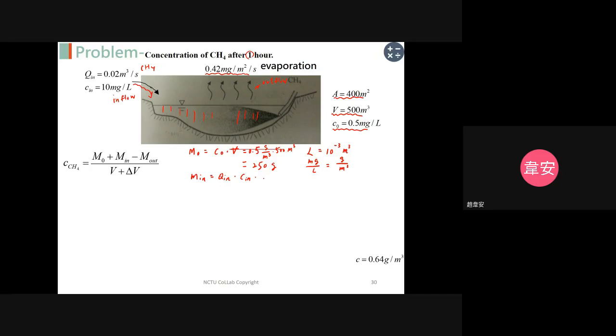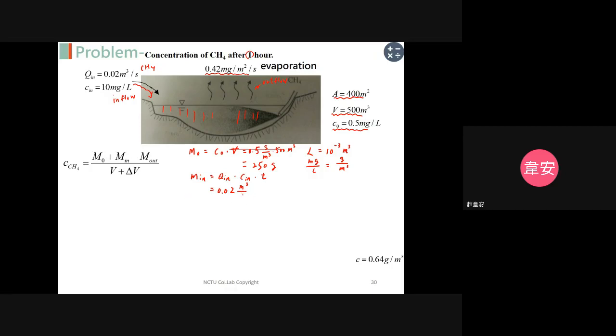So we multiply by the time. So first, the Q inflow is 0.02, and the unit is cubic meter divided by seconds.